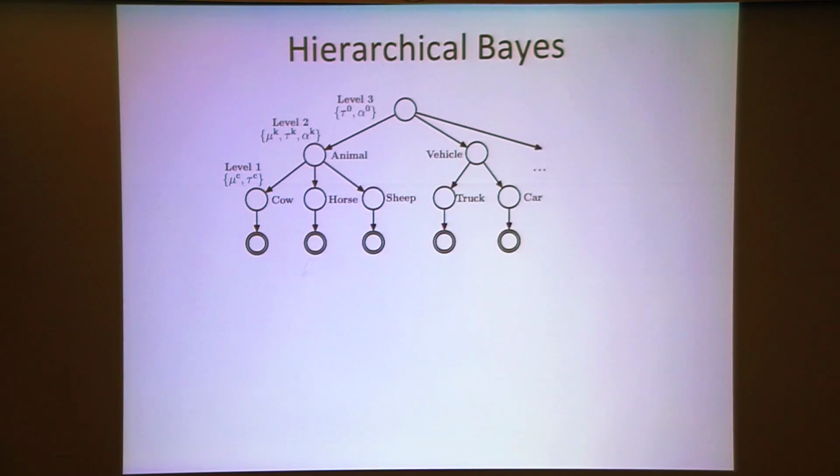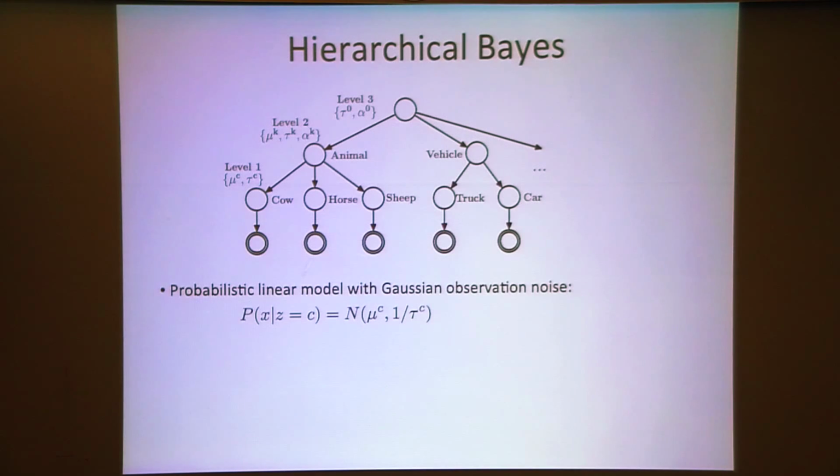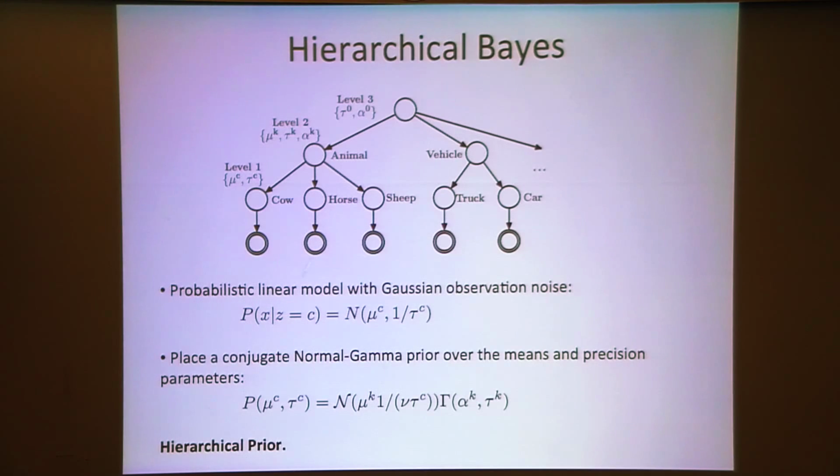And this is the model that I showed you briefly at the very beginning. The idea is that it's a very simple probabilistic model. You can define a model where each observation has a Gaussian distribution with mean and precision terms, but there is a certain hierarchy to that model.